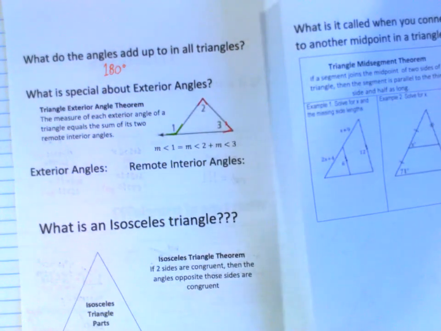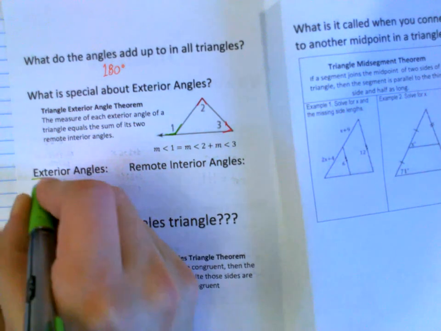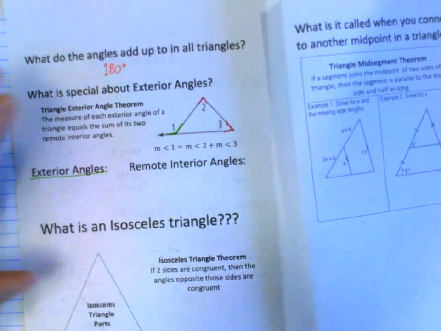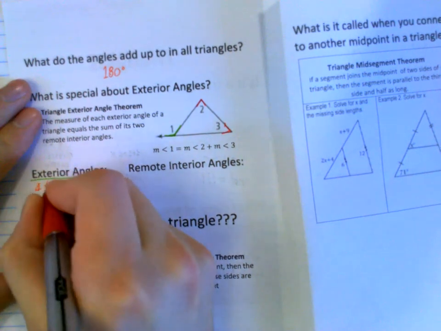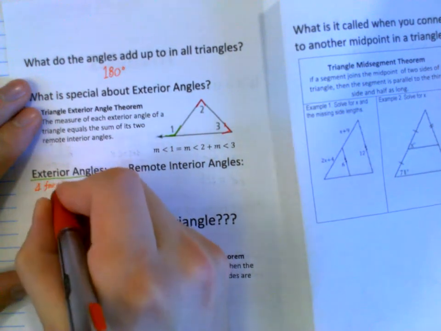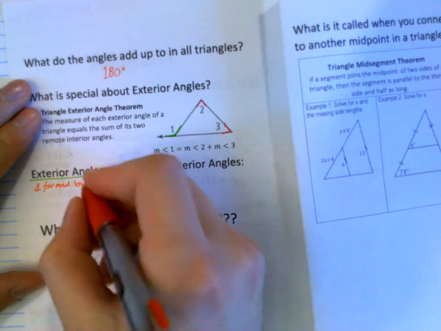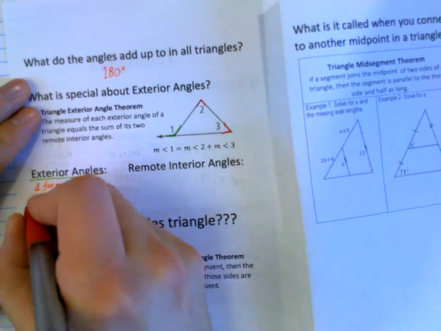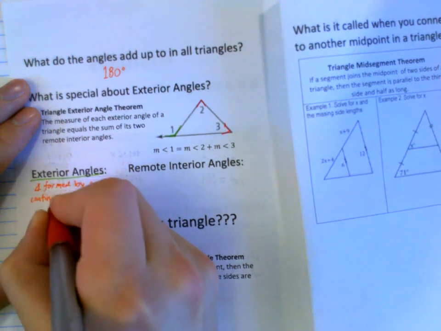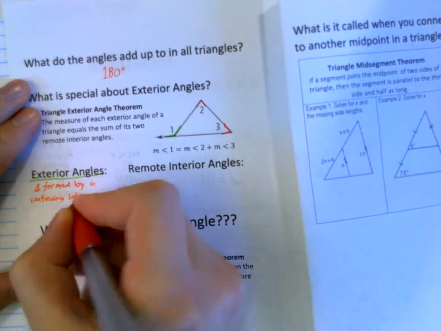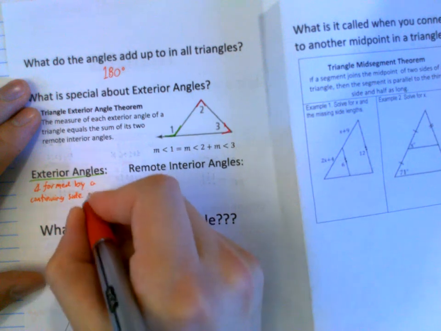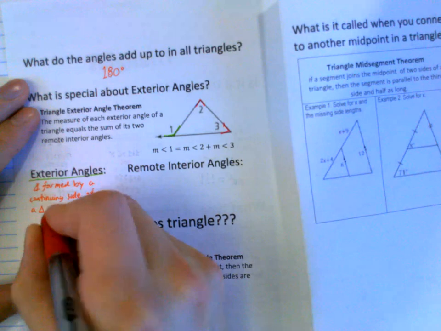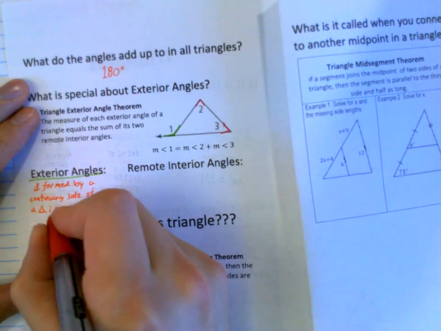The exterior angles are angles formed by a continuing side of a triangle on the outside.